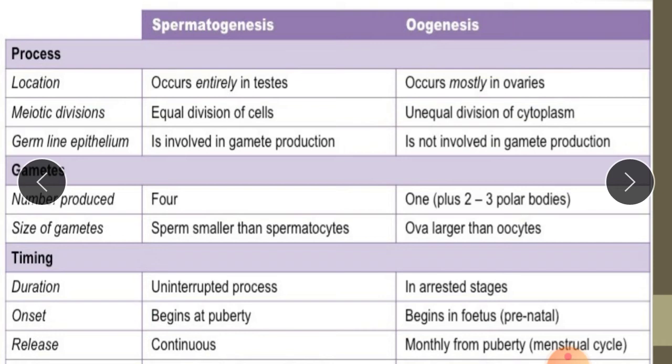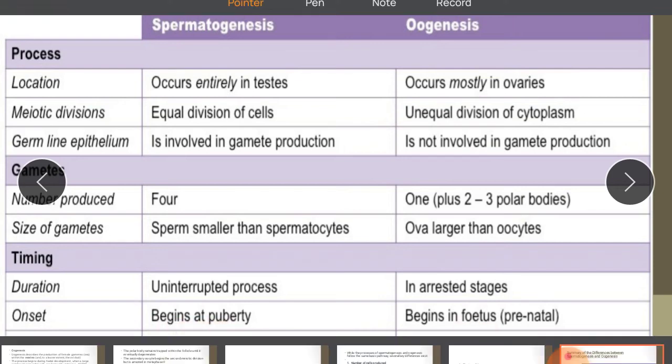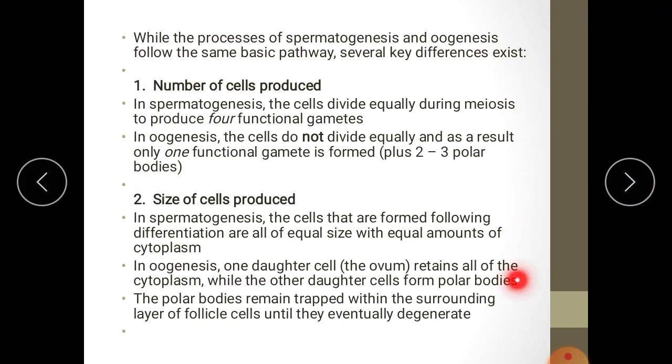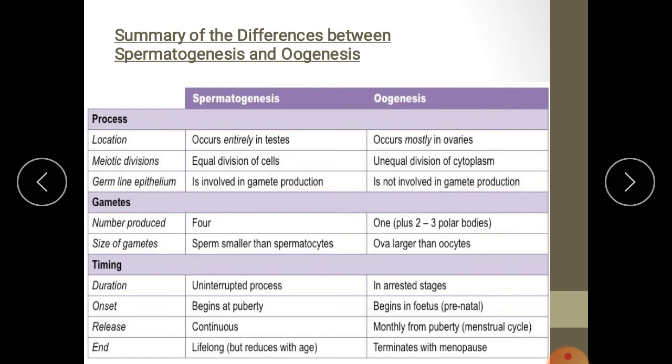Release is monthly from puberty, the menstrual cycle. Spermatogenesis is lifelong, but the amount of sperm production is reduced with age. Oogenesis terminates with menopause.